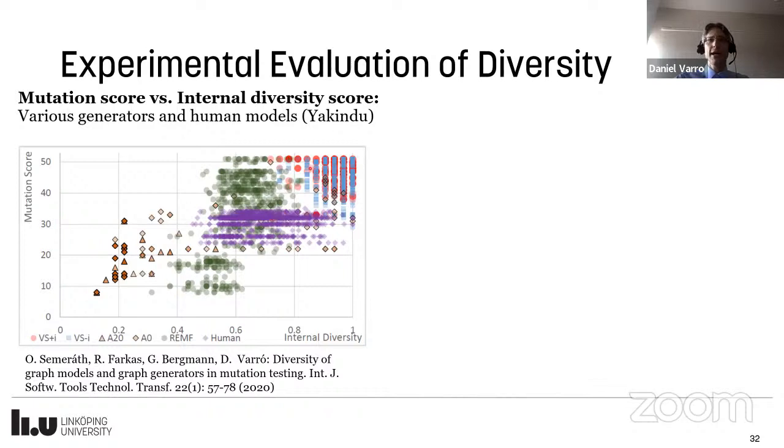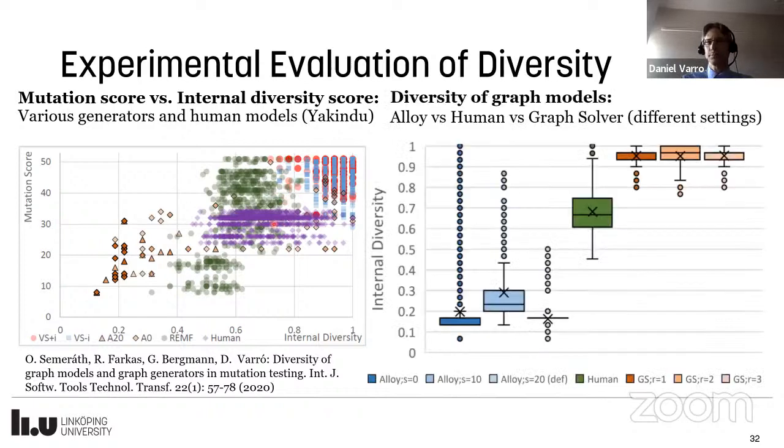So actually, when you are using these techniques as test cases, you are doing better than what human models would be doing. That's also highlighted in this other plot, which was measuring internal diversity of the models. This is also interesting because the diversity metrics have been correlated with actual mutation score that was used in testing.